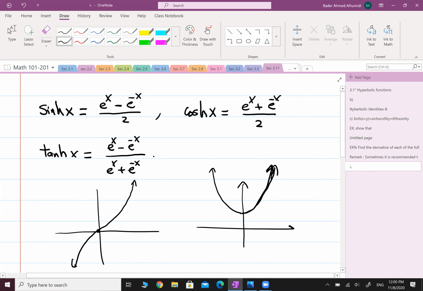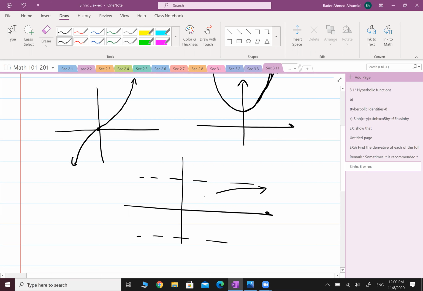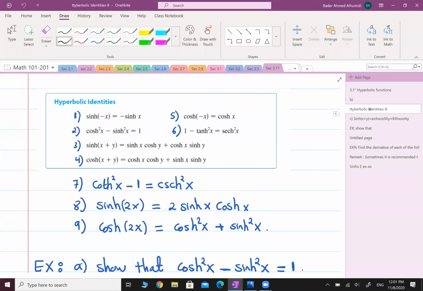And we found that the hyperbolic tangent has two horizontal asymptotes, y equals 1 and y equals minus 1, and in shape it is similar to tangent inverse. Then we said we have some identities for these functions that need to be discussed.